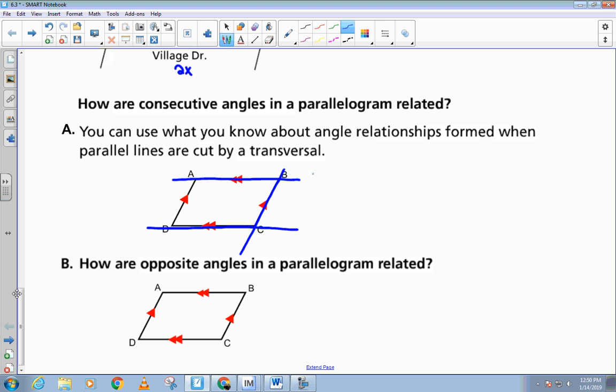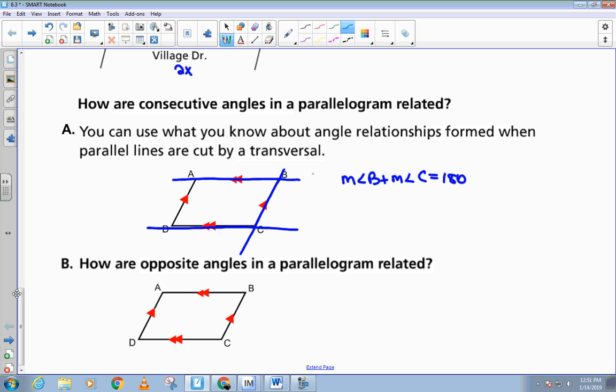They're supplementary, right? Because they're consecutive angles, same side interior. So the measure of angle B plus the measure of angle C equals 180, right?